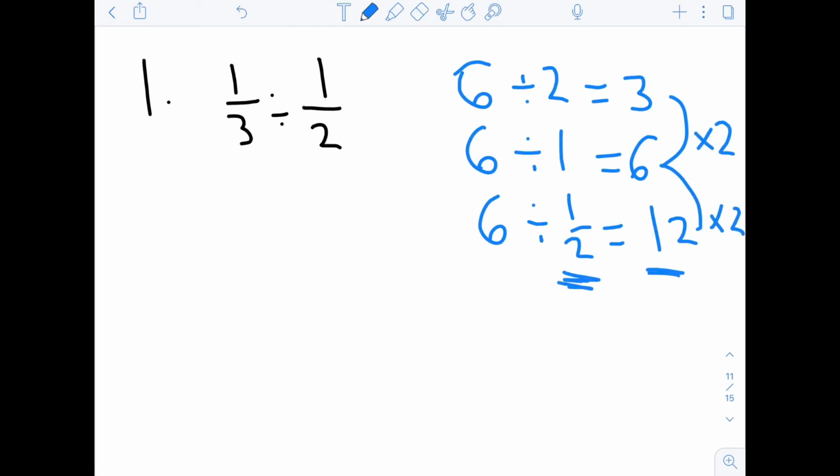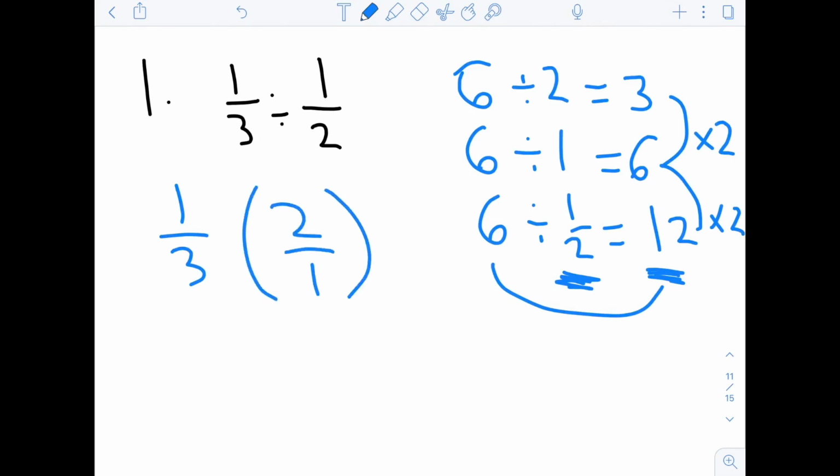As the denominator decreases, the quotient increases. So the way we got from 6 to 12 is we multiplied by 2, which is just the reciprocal of 1/2. So that's what we're going to do here. We're going to multiply by the reciprocal. So 1/3 times 2 over 1, which equals 2 over 3.